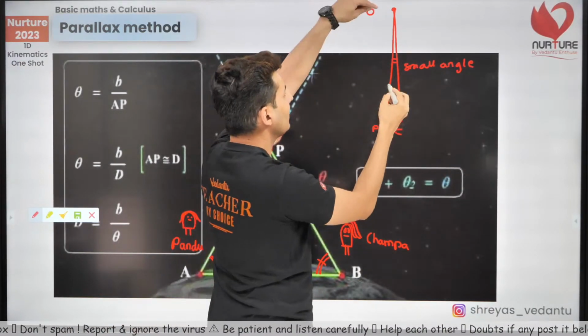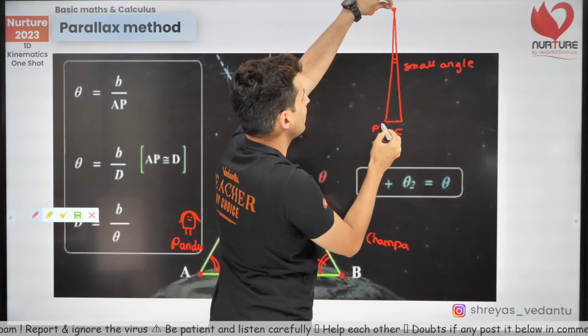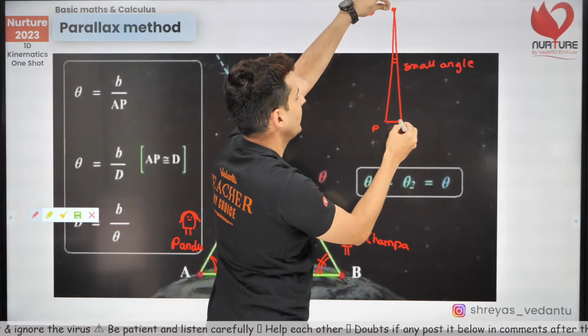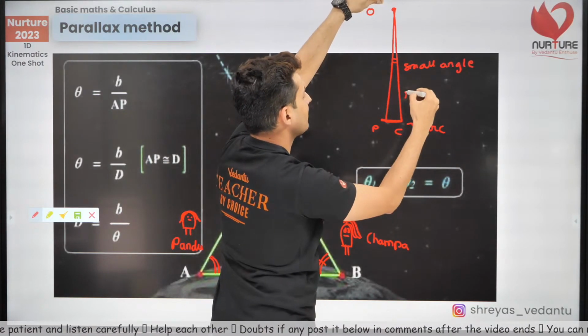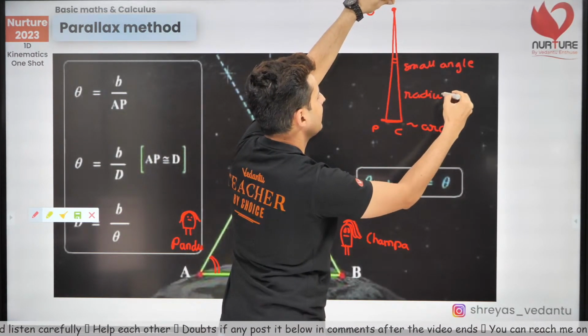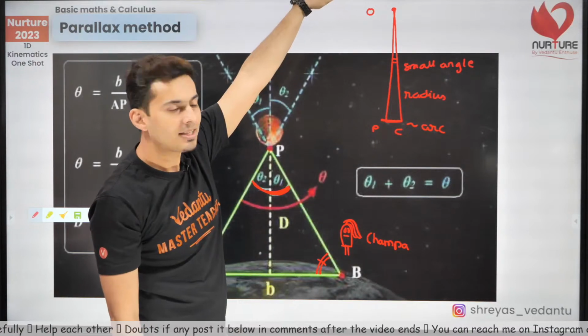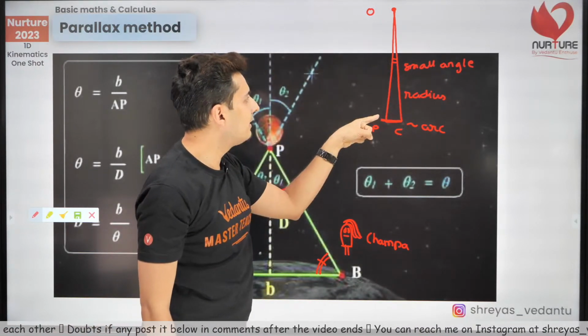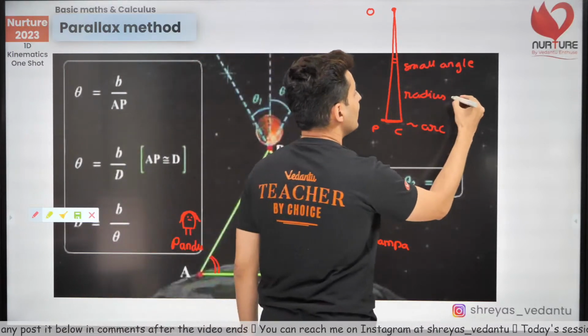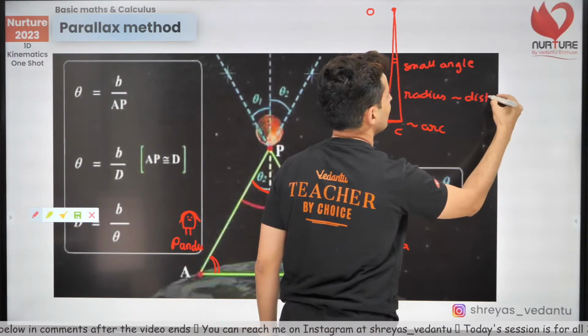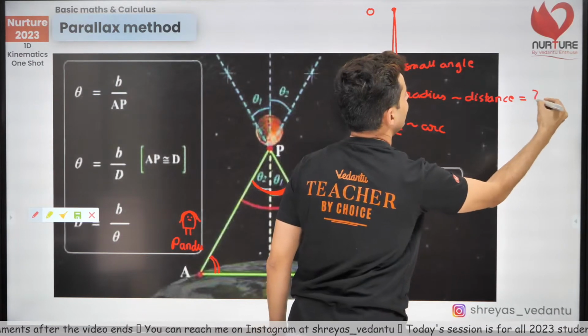So can I not think as if this is the center of a circle, this is an arc over here? Can I not say this is actually like an arc and this is nothing but like the radius? Everybody getting this? This is the arc, this is the radius, and that's the radius which I want to find. So that radius is nothing but that distance which we need to find.